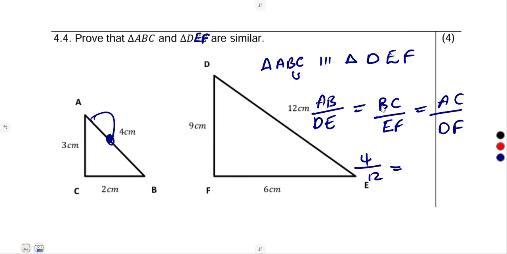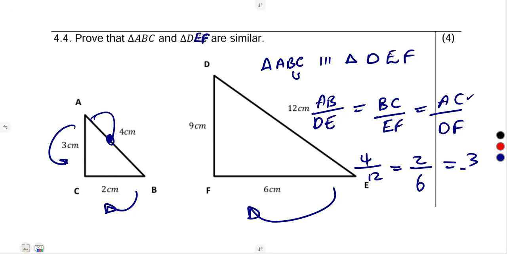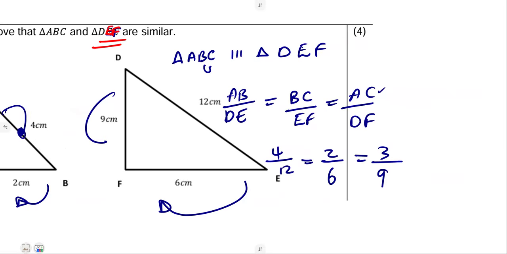It must be equal to BC, which is 2, over EF, which is 6. It must be equal to AC, which is 3, over DF, which is 9. So it was a wrong presentation that they gave you there. They are supposed to give you DEF.